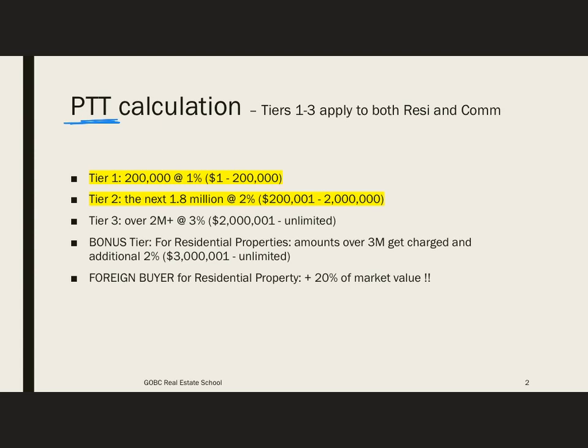There are 4 tiers, and then there is a foreign buyer extra that you need to remember at the very end. The reason why I have tiers 1 and 2 highlighted is because those are the tiers that you are probably going to be working with for the questions that you're given.